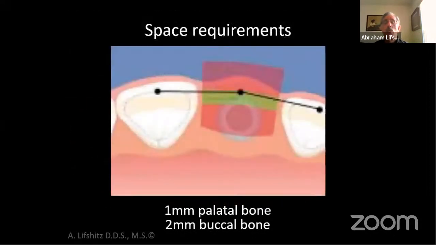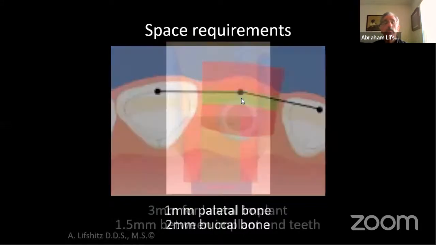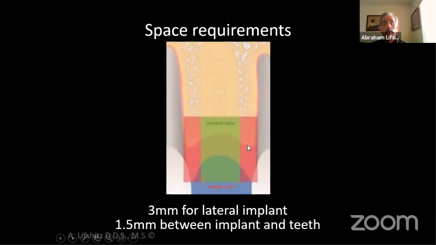So we need 1 millimeter of palatal bone, and at least 2 millimeters of buccal bone. And we need 6 millimeters between the adjacent teeth, meaning 3 millimeters for the implant and 1.5 millimeters between the implant and the adjacent teeth.